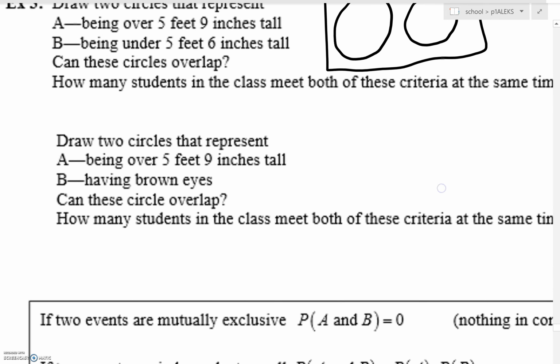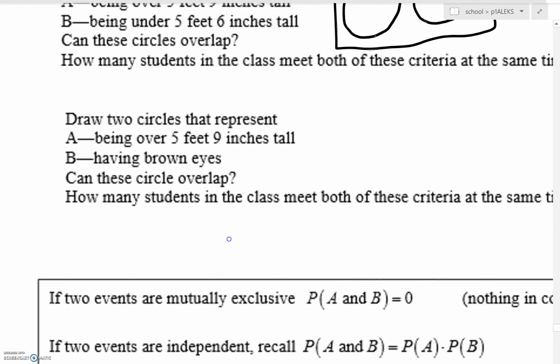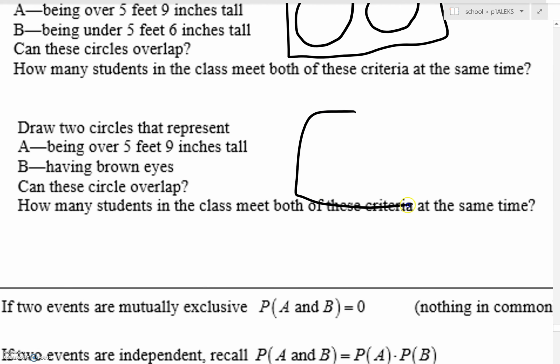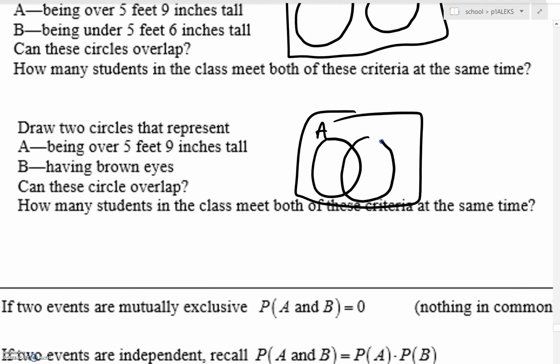By way of comparison, draw two circles that represent being over 5'9", but then having brown eyes. Well, look, it's possible to have overlap here. It's definitely possible to have overlap. It's possible that circle B having brown eyes, everybody who has brown eyes might be over 5'9".